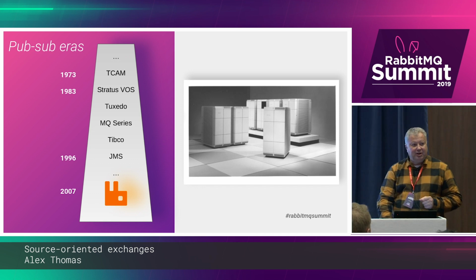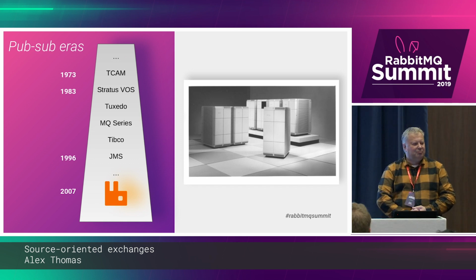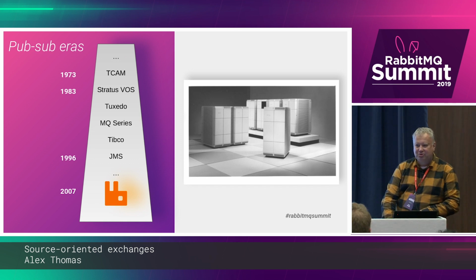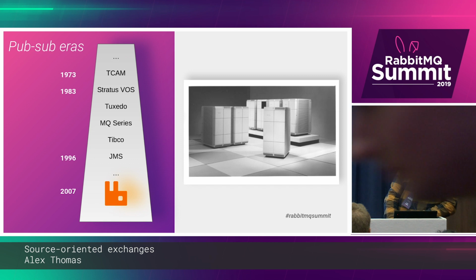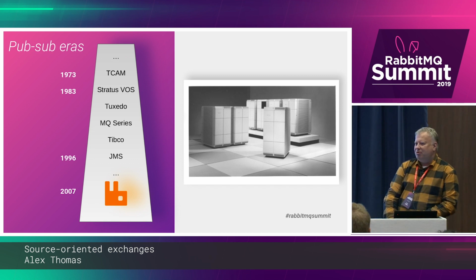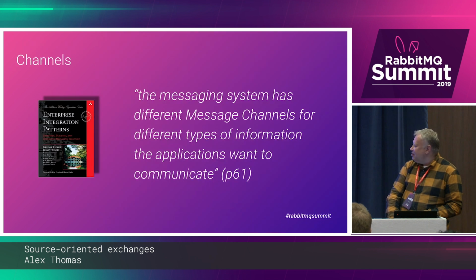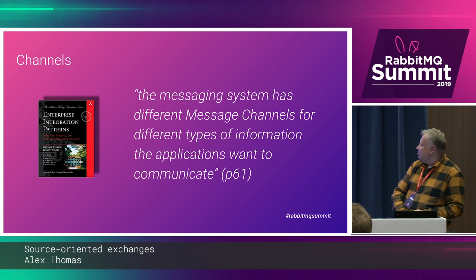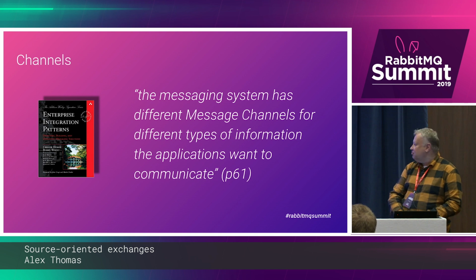So during all this time, a lot of advice has come out about how to do publish-subscribe right. So I'm just going to review it, and we'll evaluate it and see what you think. One of the architecture books recognizes that we've got publish-subscribe channels, and we put different types of information down those different channels.